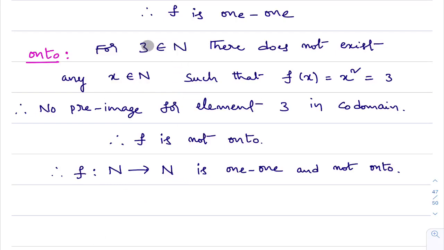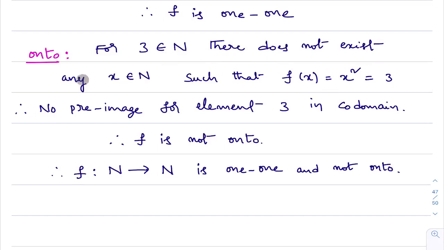Suppose I take 3. Is 3 a natural number or not? Yes, 3 is a natural number. Then you observe here, what do I need to find? If I take 3 in the codomain set, I need to find a natural number in the domain set such that f of that number equal to 3. See here, I'll clearly explain.